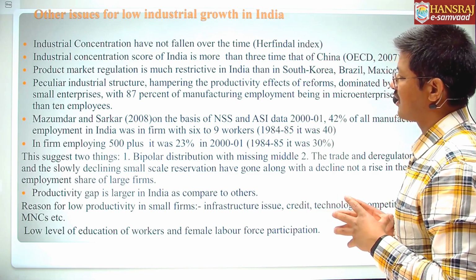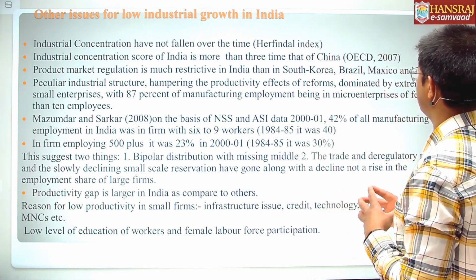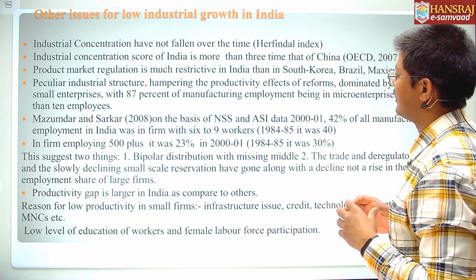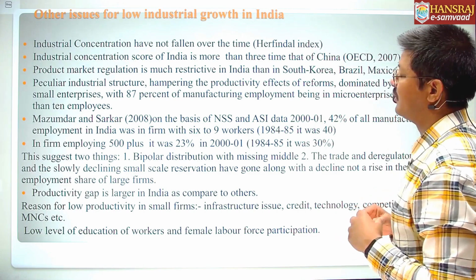A peculiar industrial structure hampers the productivity effect of reforms, dominated by extremely small enterprises, with 87% of manufacturing employment being in micro enterprises of fewer than 10 employees.